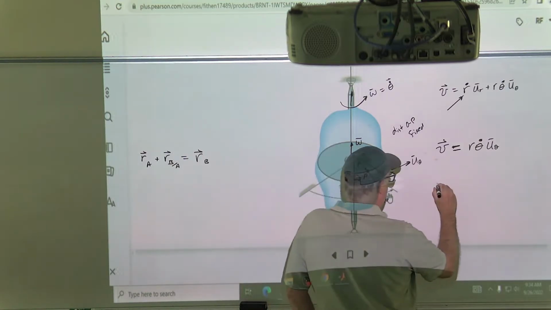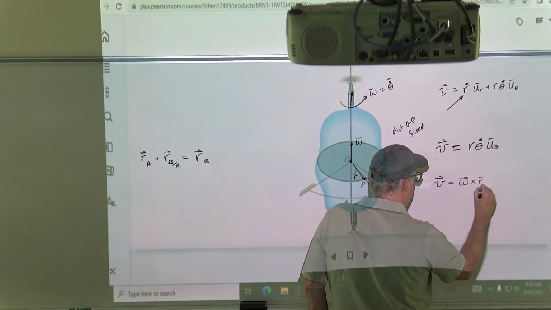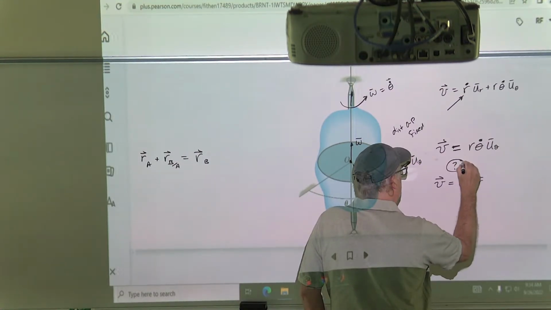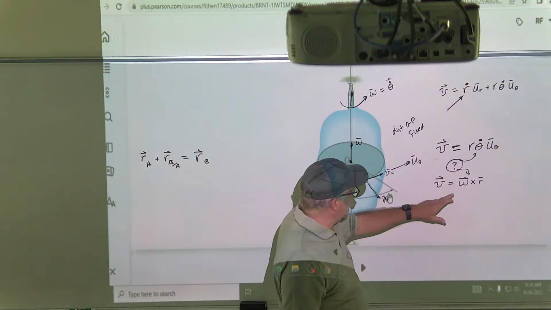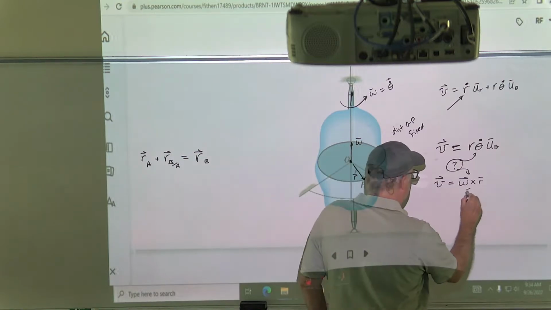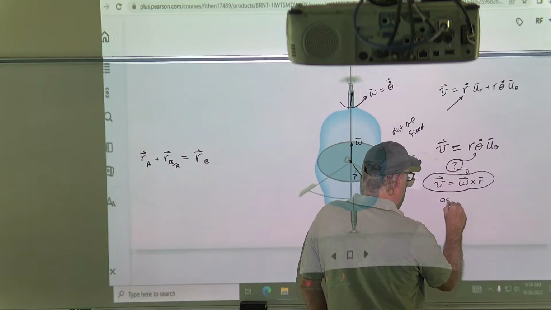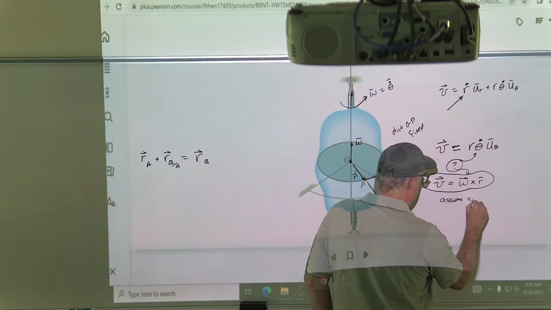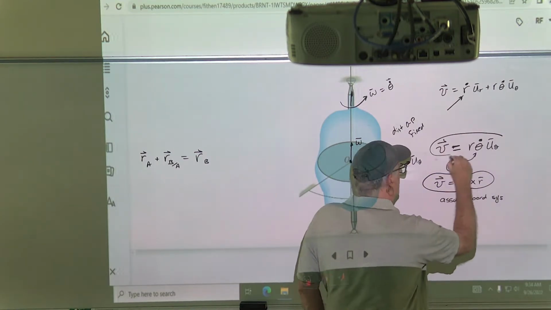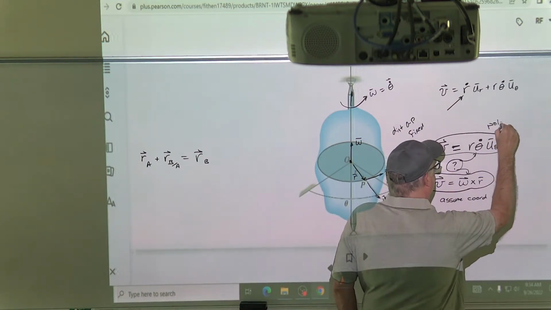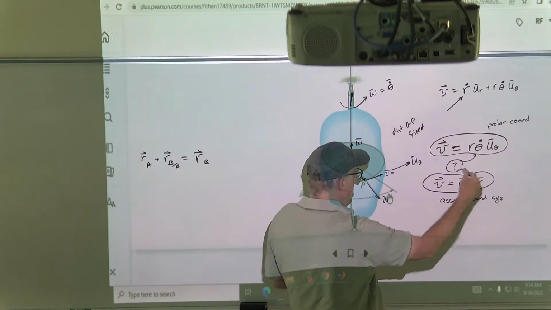So the question is, is this the same thing as omega cross r? Is that the same? Because if it is, this one is devoid of any assumed coordinate system here. This one is assuming polar coordinates, and we borrowed from polar coordinates to get here.